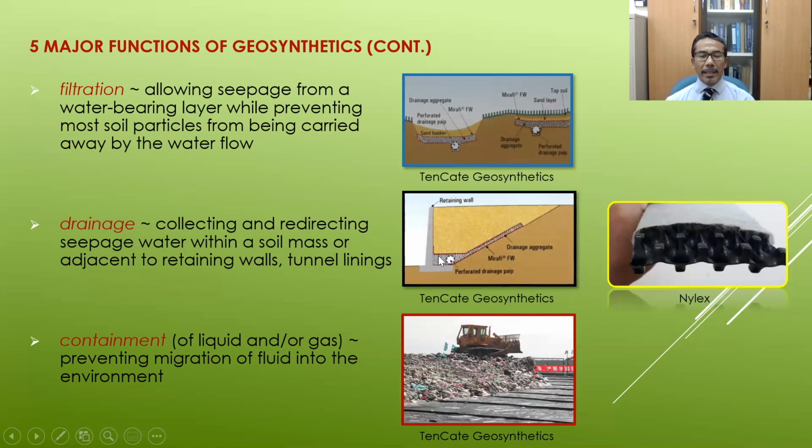And then this is the drainage system, consisting of a gravel layer with high permeability. This is a perforated pipe to drain water away from behind the retaining wall. Right? This gravel layer is encapsulated by geosynthetic sheets, similar to the previous case.